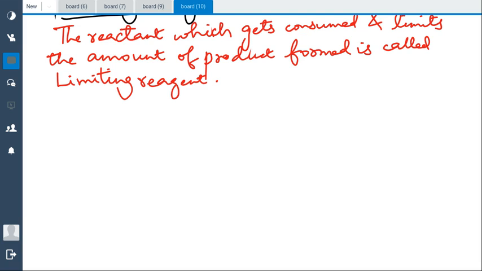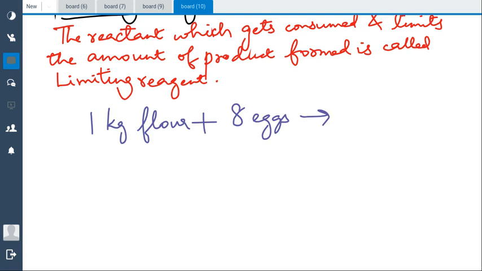And you require 1 kg flour and you need 8 eggs. This combination will produce 1 kg of cake.